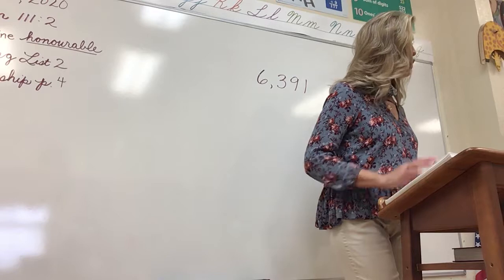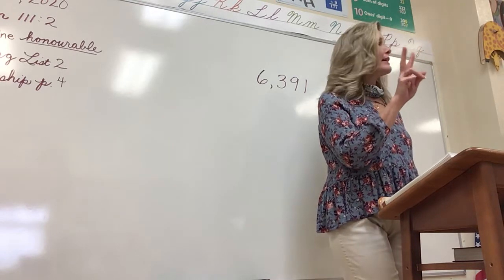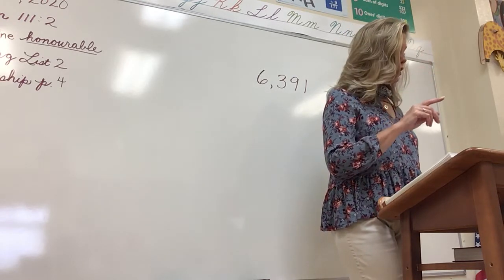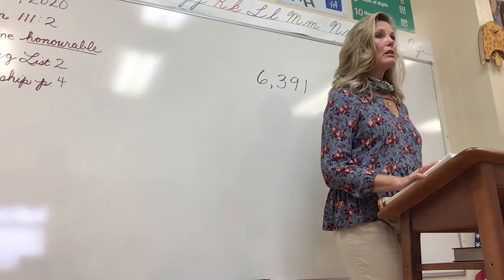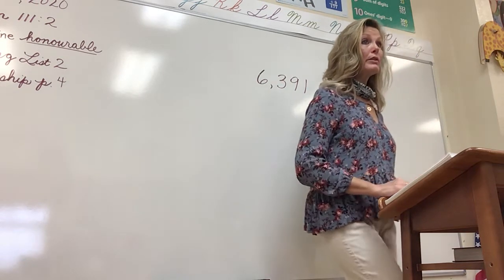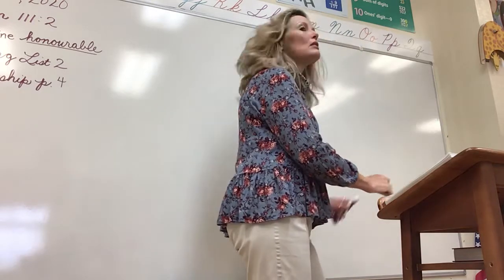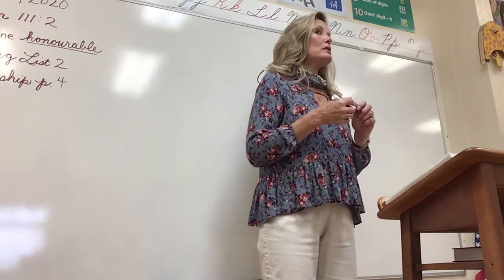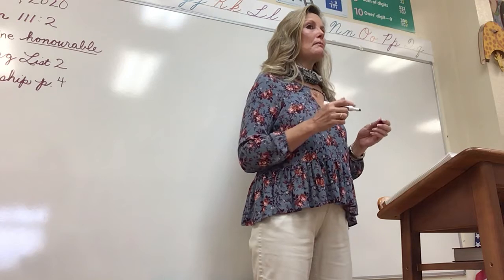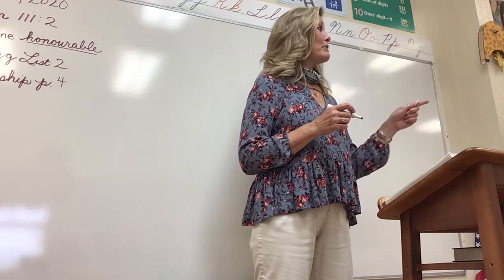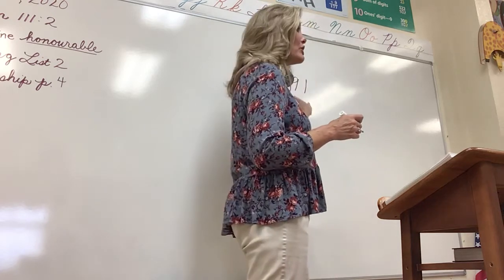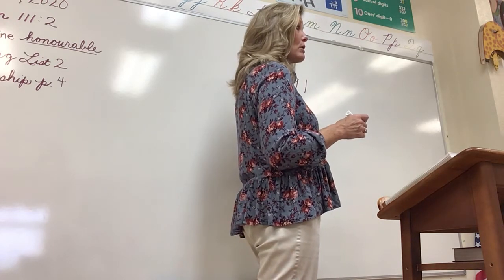And notice the two different ways they've written that number. What do you call it when you use digits to represent the number? Mason, do you remember? We talked about it last week. What form is it if I've used digits? Anybody remember what it's called if I've used digits to represent the number?